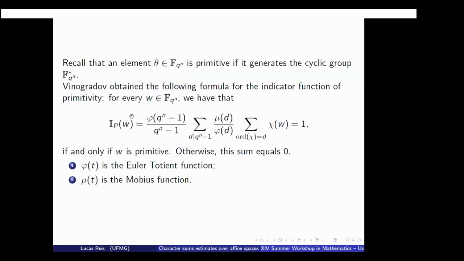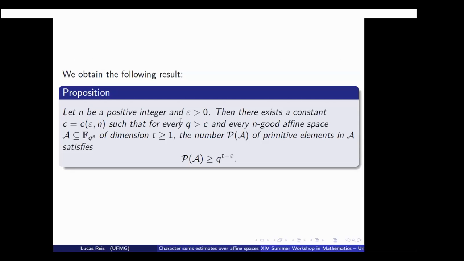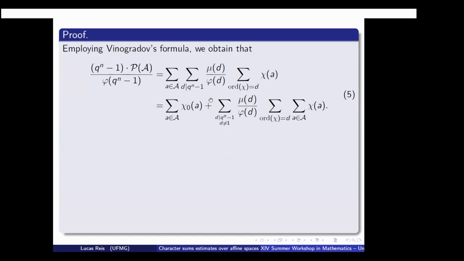And so I just replace the indicator function by this sum, and I just get this sum. I just normalize here, multiplying by something to get this triple sum. And so I just separate here the trivial character, where I just have the trivial bound. And in here, I pick the non-trivial characters.